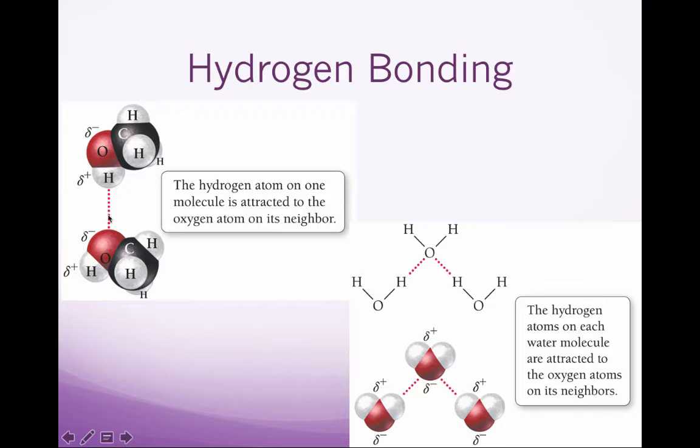Remember, hydrogen bond is only between oxygen, nitrogen, and fluorine directly attached to a hydrogen. Only those oxygen, nitrogens, and fluorines and those hydrogens exhibit hydrogen bonds. Here's water. It's another example. So the hydrogens on the atoms of each water molecule are attracted to the oxygen atoms in its neighbor. You can see here.